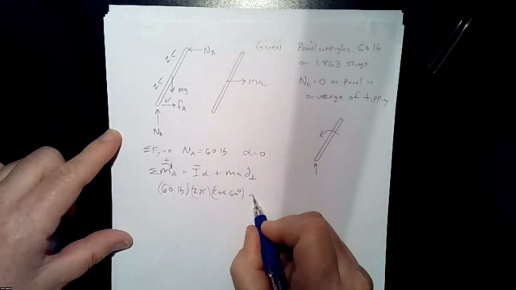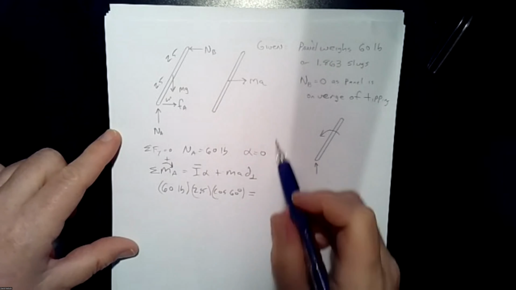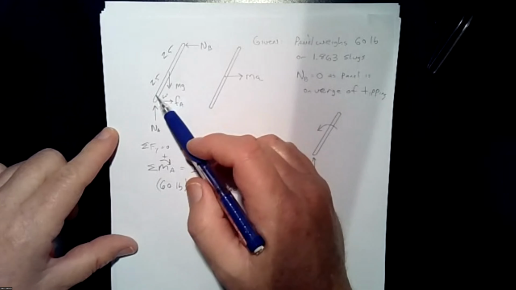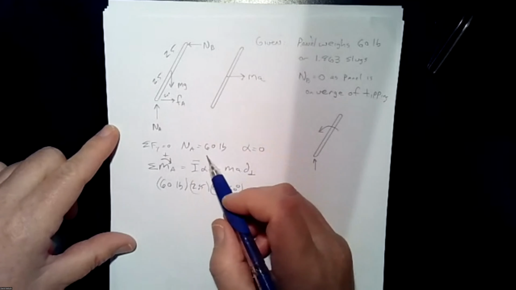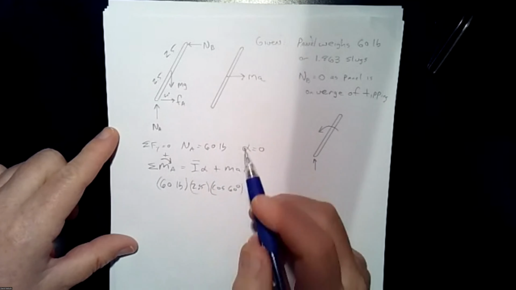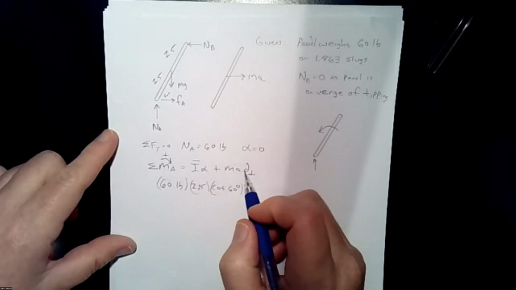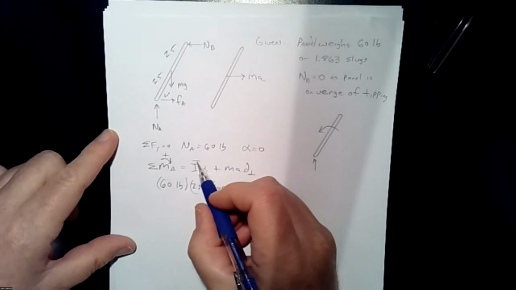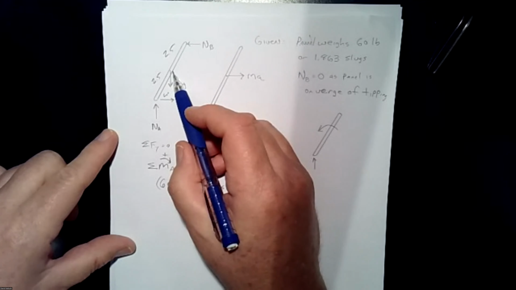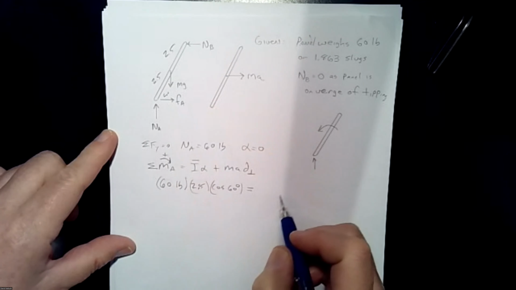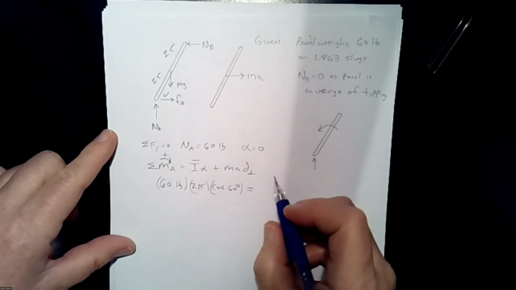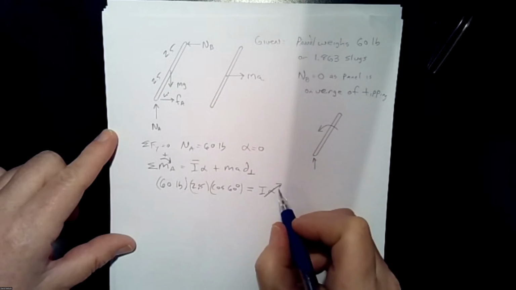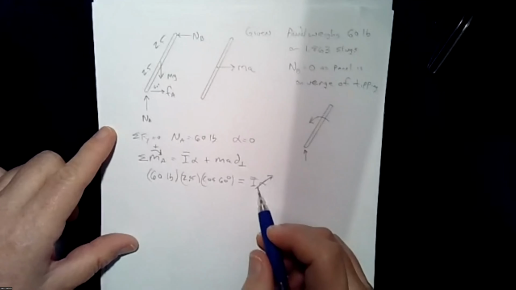Now if it did have alpha, we would have to calculate the moment of inertia about the centroid, so we wouldn't have to add an mr squared term. Then we'd add the alpha in there. But because it's 0, we write I alpha and just cross it out. It's still in this equation.